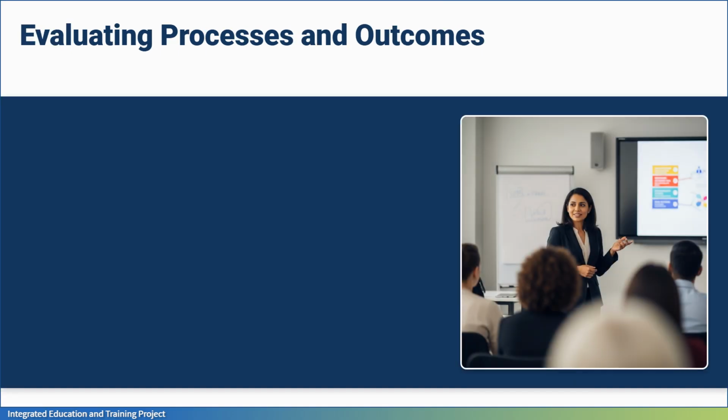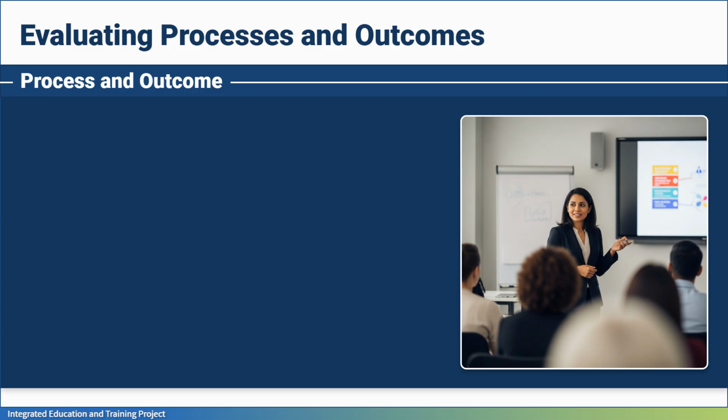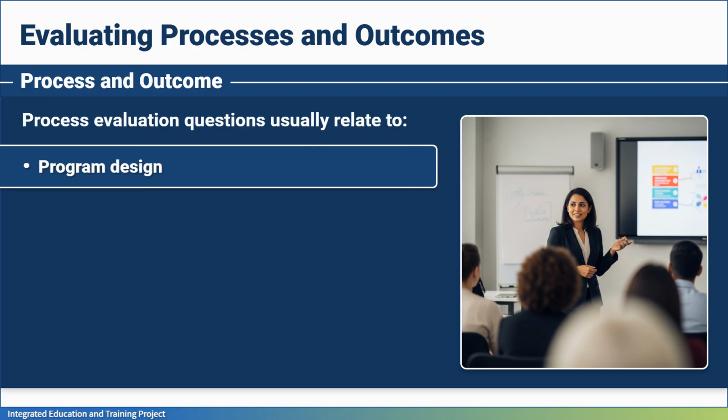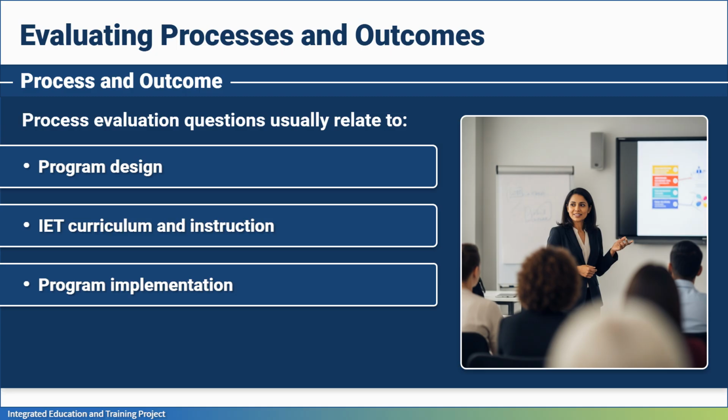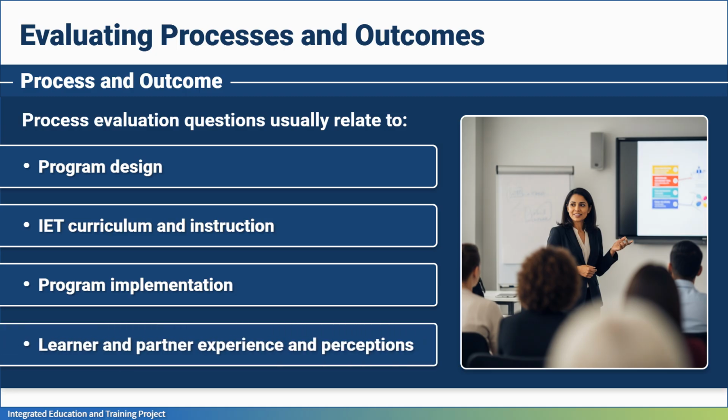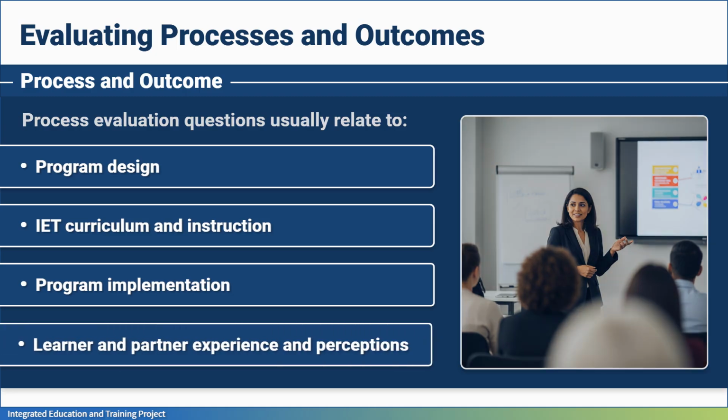As you develop your IET program evaluation, you'll want to consider questions related to two main areas: process and outcome. Here are some examples of topics related to process and outcomes that you may want to include in your evaluation plan. Process evaluation questions usually relate to program design, IET curriculum and instruction, program implementation, and learner and partner experience and perceptions.